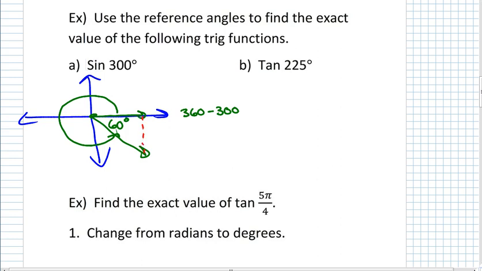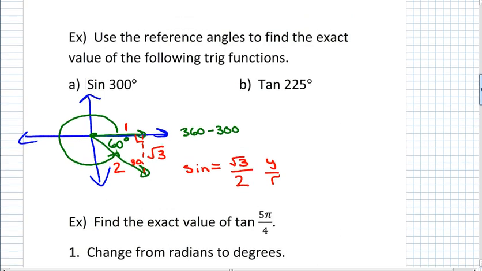Draw the altitude. Now notice you have a 30, 60, 90 right triangle. Remember, the side opposite the 30 is always 1. Opposite the 60 is square root of 3. Hypotenuse is 2. It's wanting you to find the sine, and that's the opposite, or the y value, over the r, so it's the square root of 3 over 2.